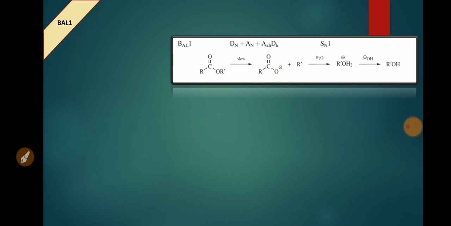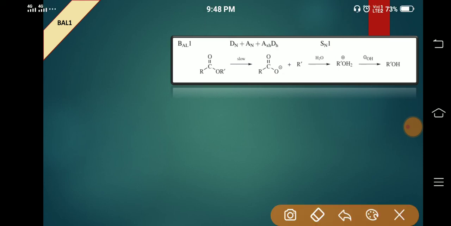Seventh mechanism is BAL1, base catalyzed alkyl cleavage unimolecular, that can be carried out by using SN1 type of mechanism. IUPAC nomenclature is DN plus AN plus AXDH.